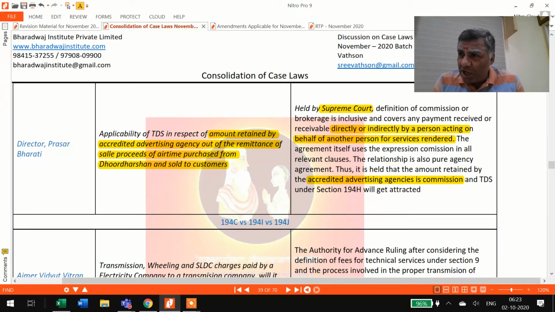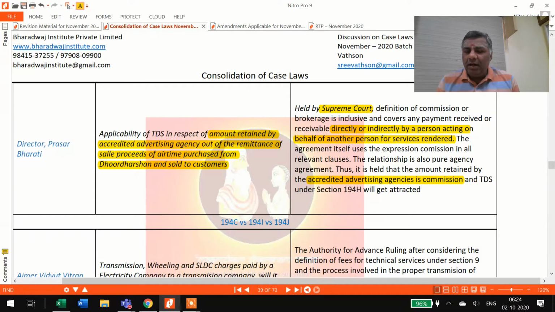There was a circular issued by CBDT which called it a principal to principal payment, so commission need not be deducted. In our classroom we have Mudra Adco, Moon TV, two such questions. Moon TV is different, who is producing etc., but we had put a question on Mudra Adco. The entire thing gets a new shape because of this Supreme Court judgment.